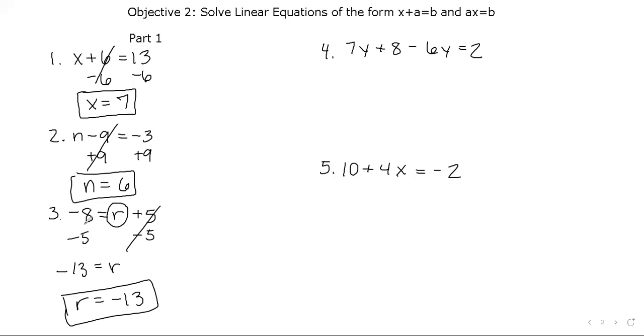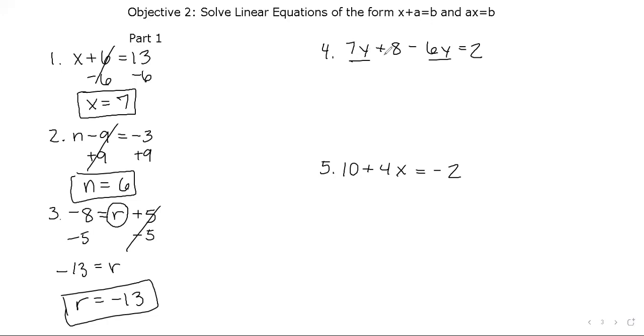Let's look at number 4. We have 7y plus 8 minus 6y equals 2. Now, this one we got to do a little work, okay? If you took me for 130, you know you can't just be moving stuff around the equal sign until both sides are simplified. So on this left side, we need to simplify a little bit.